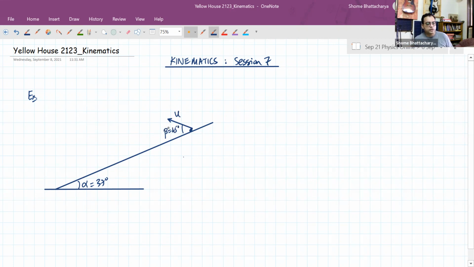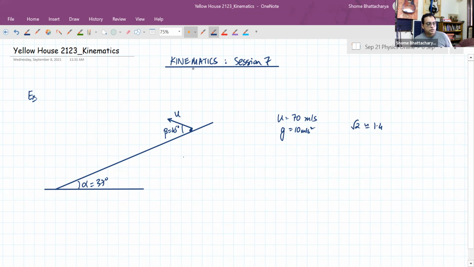Similar to a question we had done last time, but we had projected it from below. So again, this time let's take u as 70 meters per second. Let's take g as 10 meters per second square. And let's take root 2 as 1.4.